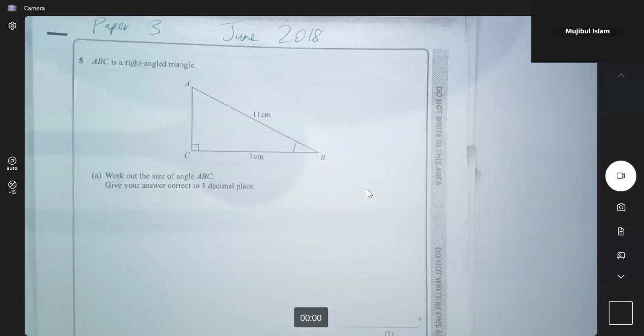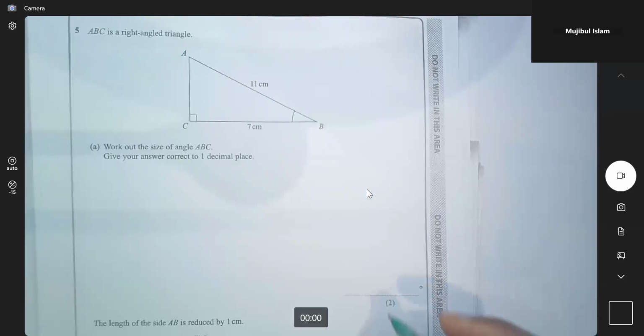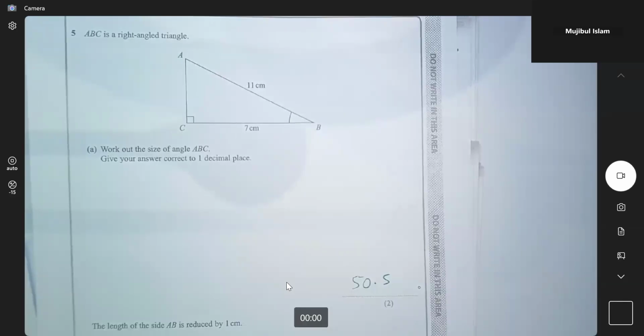The answer is 50.5, which is what everybody has got, unless anyone wants me to go through that. Okay, I think everyone has got that so far. Zahra, you haven't given me an answer. Can you give me a yes or no if you'd like me to go through it? Otherwise, everyone has given me an answer.